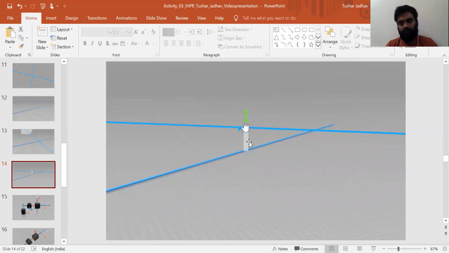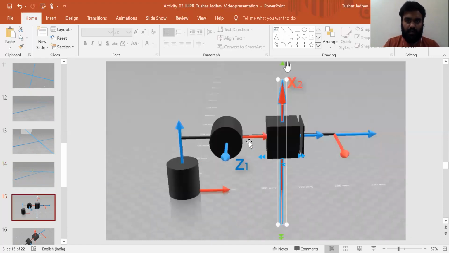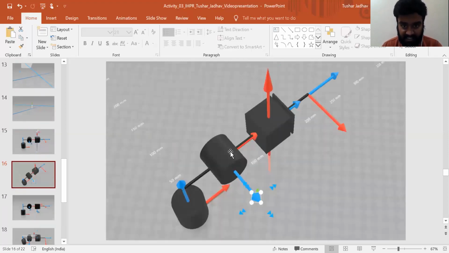Now let's move on to a 3D figure of the link and example that we had taken earlier. Consider that this is the three-dimensional display of the example that we have taken. Here, when we extend x2 in both directions, does it intersect z1? No. Why? Because these two are in three-dimensional space.